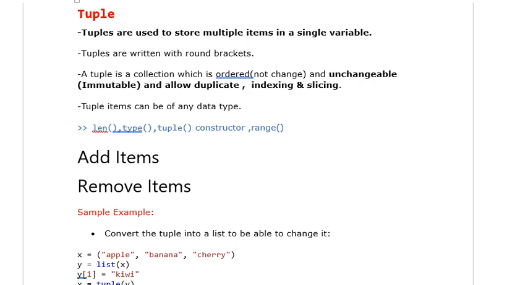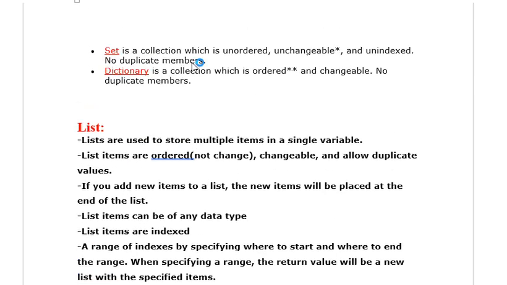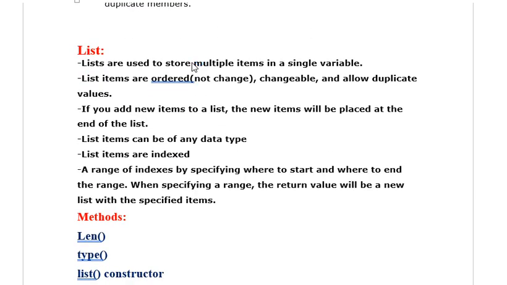So, to store the multiple items or the elements in a single variable. In the list also, we have learned the same thing. So, the list and the tuple are similar, but the representation is different. Remember, the representation is different, but the meaning is the same.